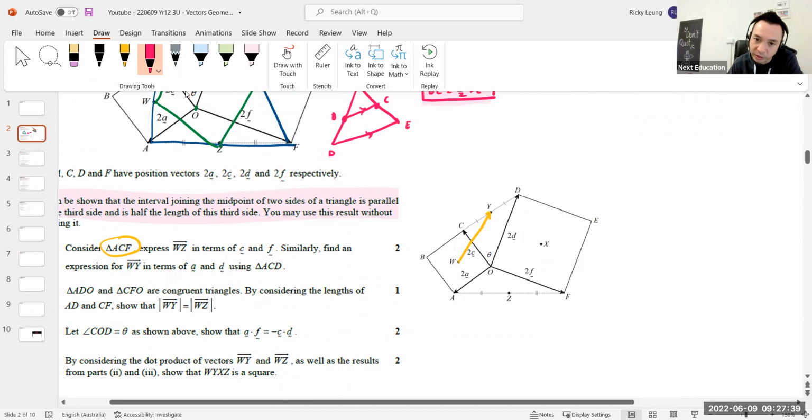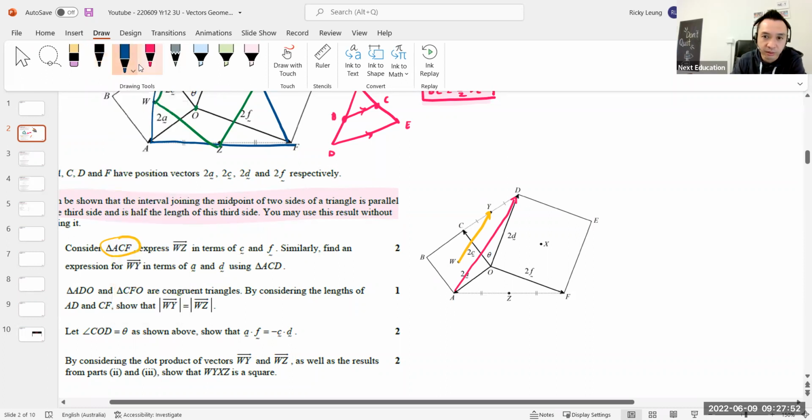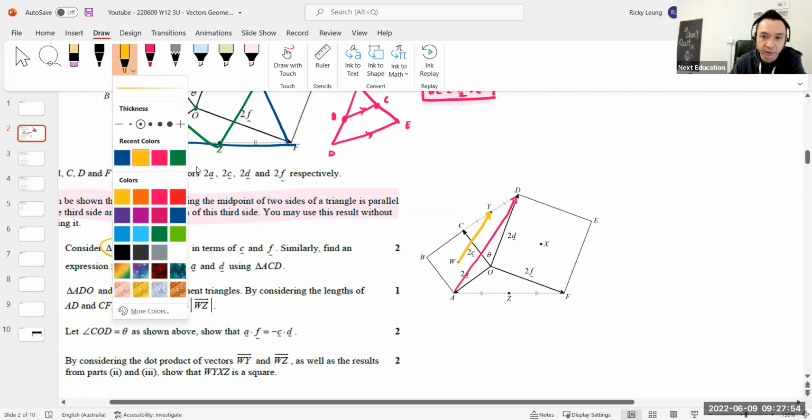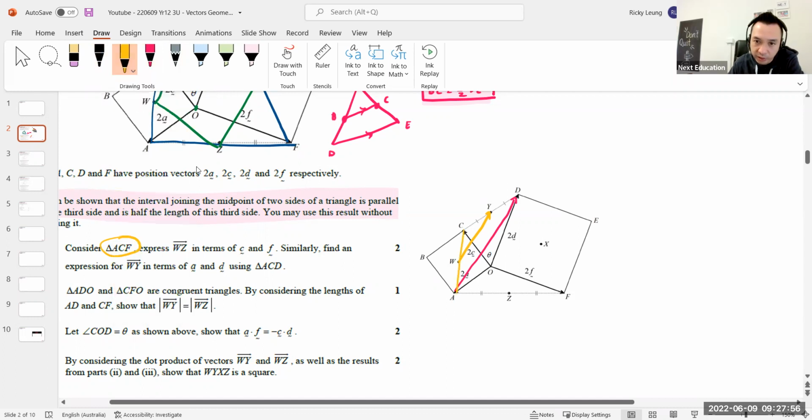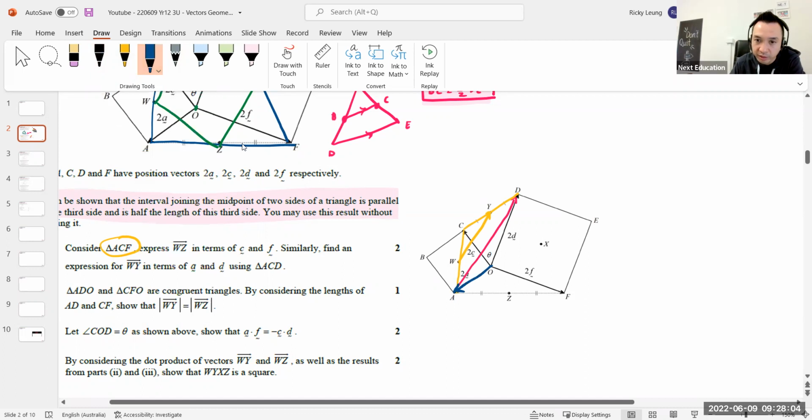I'm going to need this guy here because that's the midpoint. The triangle that I really want is that one there. And then I'm going to utilize the two blues like I did before, 2A there and 2D there.